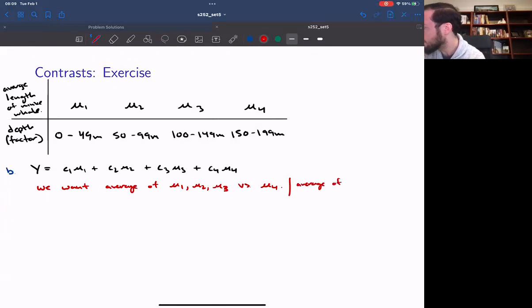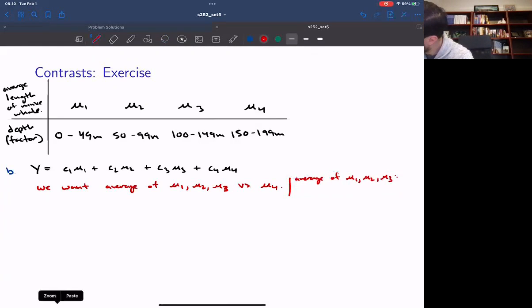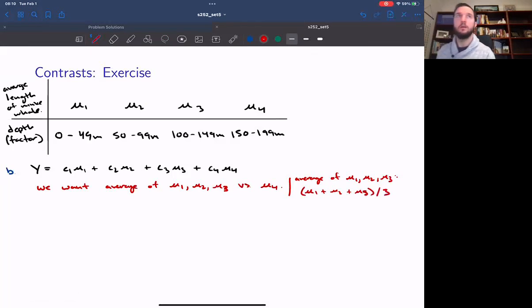So the average of mu1, mu2, mu3 is mu1 plus mu2 plus mu3 divided by 3. Okay. So it's a very similar problem to the first one.